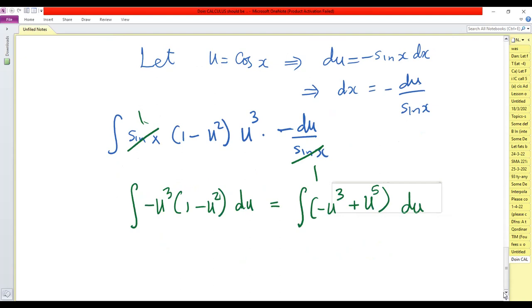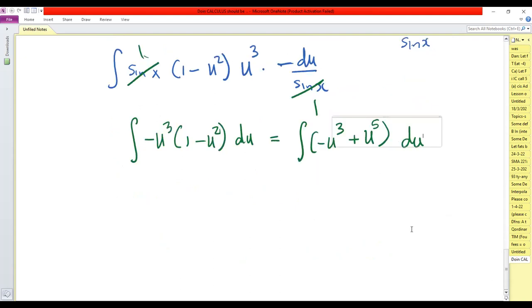And so we really have now a simple integrand to evaluate, because now this is just by application of the power rule. It's like we have the integral of u power 5 du minus the integral of u power 3 du.